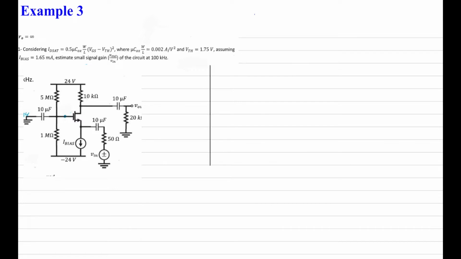So just to recap, for a MOSFET, you have something that looks like this. If this is the drain current, remember that for a MOSFET it's nice and easy because the drain and the source current flowing through here and flowing through here are identical.